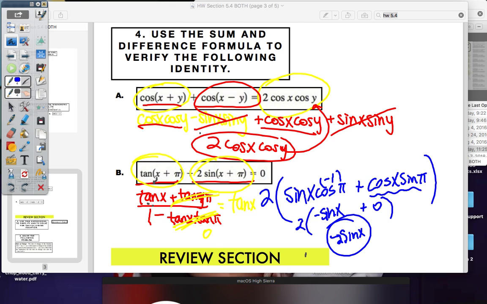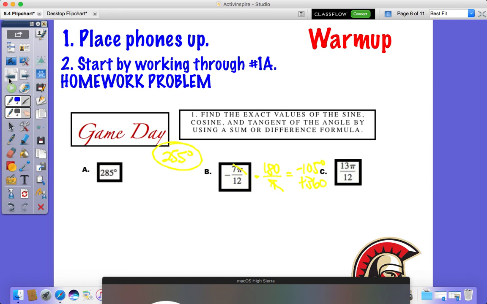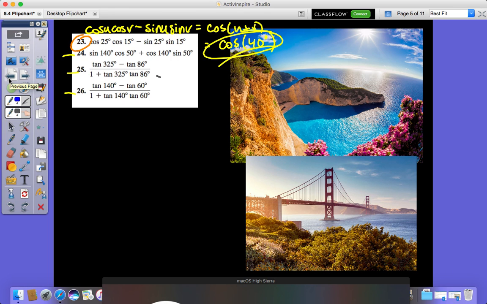For this problem, how would you do it with the 86? Good question. This one is similar to the one that's up here. Yeah, it's good there. So Annie, on 25, this is a formula that, if you look at your formula sheet, is tangent of u minus v.